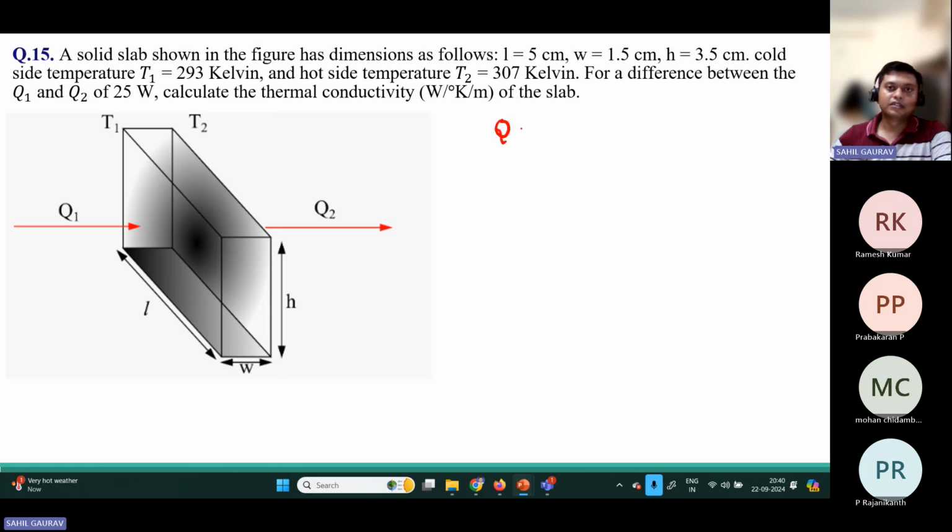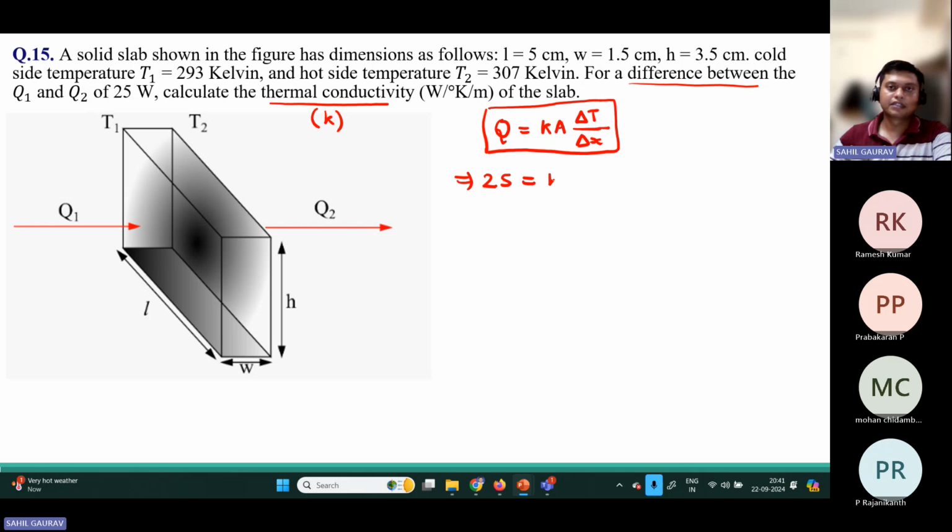So we know the heat dissipation for conduction is K into A into delta T upon delta X. So we have to find the thermal conductivity, that means we have to find the K value. And the difference of Q1 and Q2 is given as 25 watt.